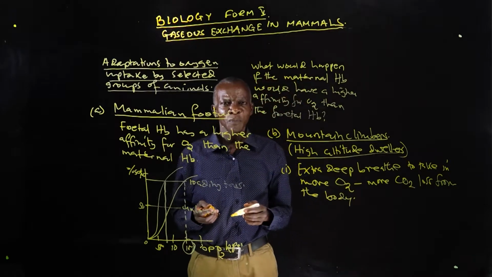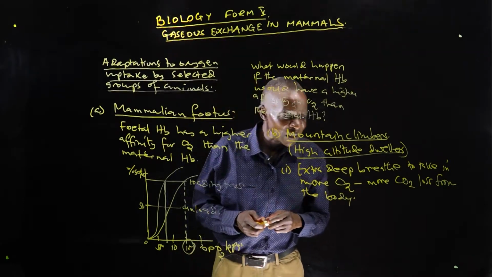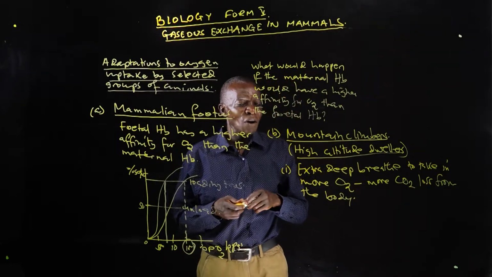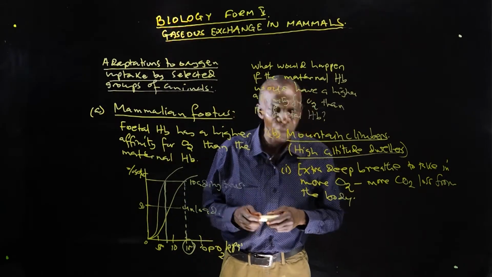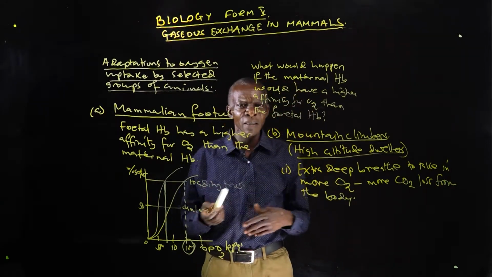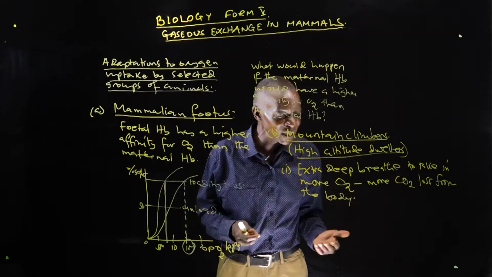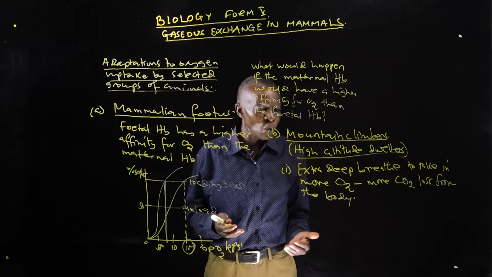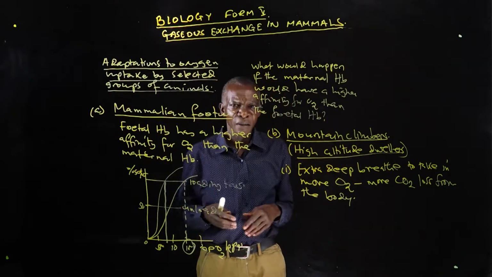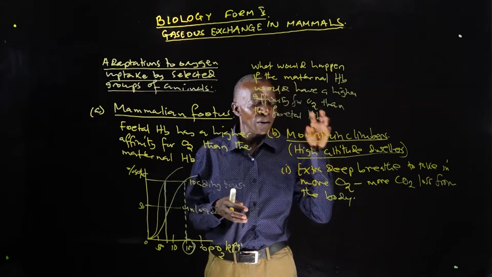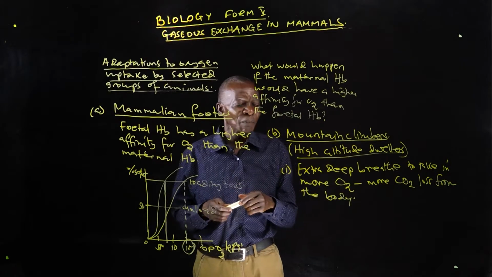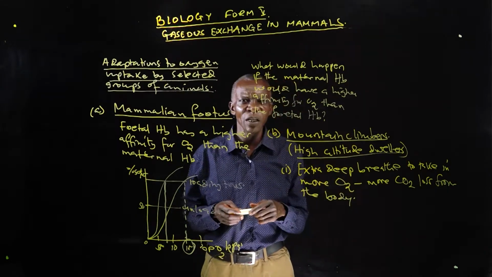We have seen that the affinity of hemoglobin to either of these two gases will depend on which gas is in high concentration. So whenever we take in more oxygen, hemoglobin shifts its love to oxygen.